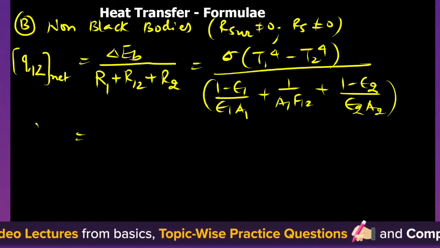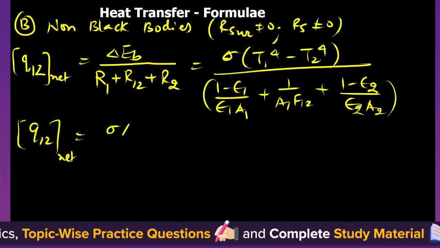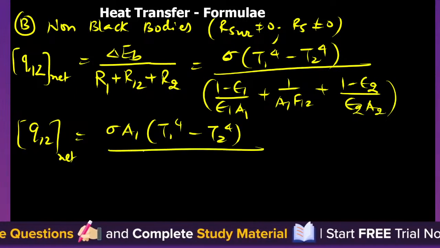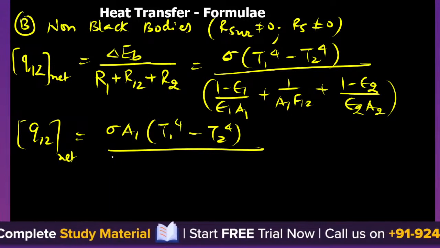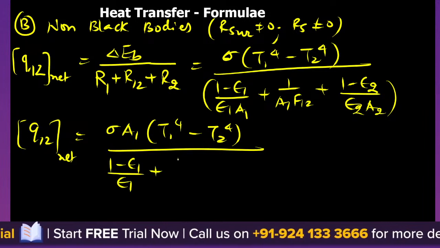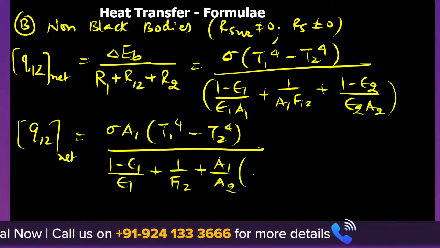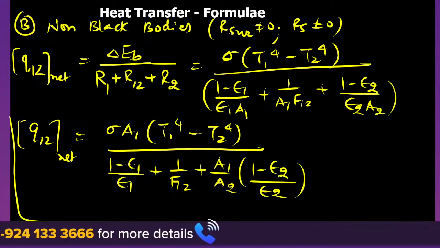Or we can also write Q1-2 net for the non-black bodies as sigma into A1 into (T1 to the power 4 minus T2 to the power 4) divided by (1 minus epsilon 1) upon epsilon 1, plus 1 upon F1-2, plus A1 by A2 into (1 minus epsilon 2) upon epsilon 2. This is the expression.